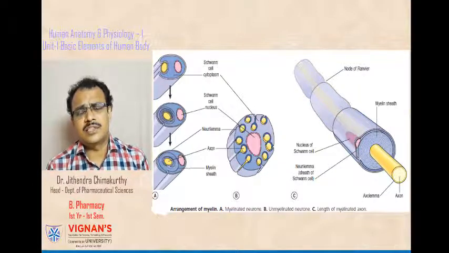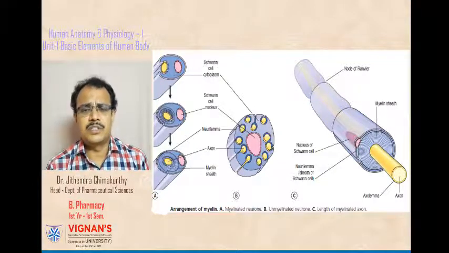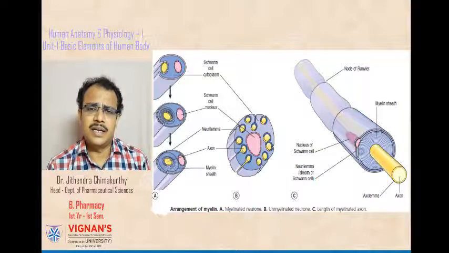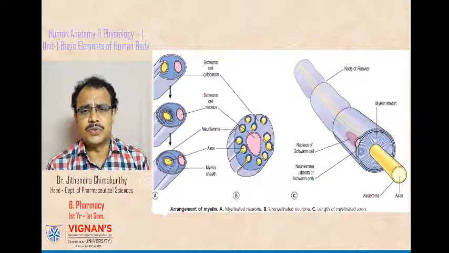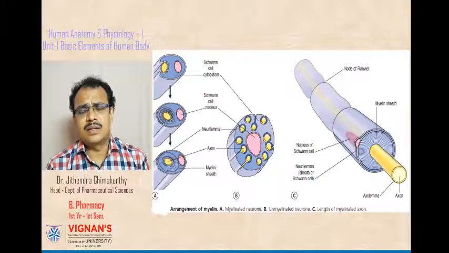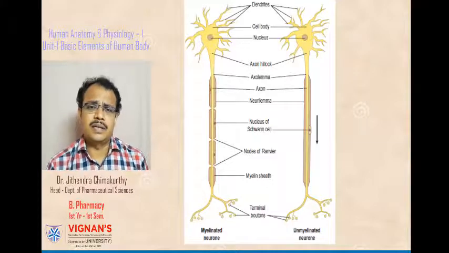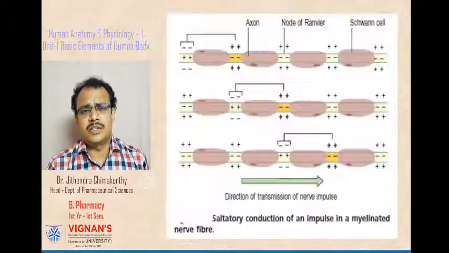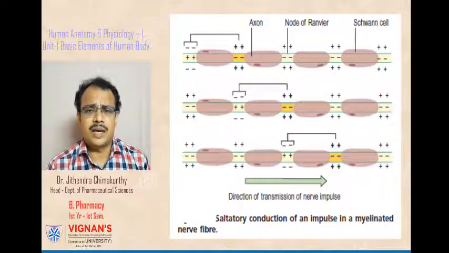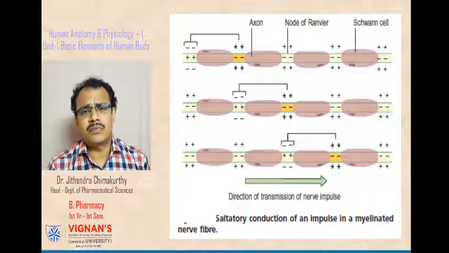And there are some regions in the axon which are not covered by this myelin sheath, where the axolemma is exposed. This region is called the nodes of Ranvier. Impulse transmission across such myelinated neurons is fast, and this is called saltatory impulse conduction.